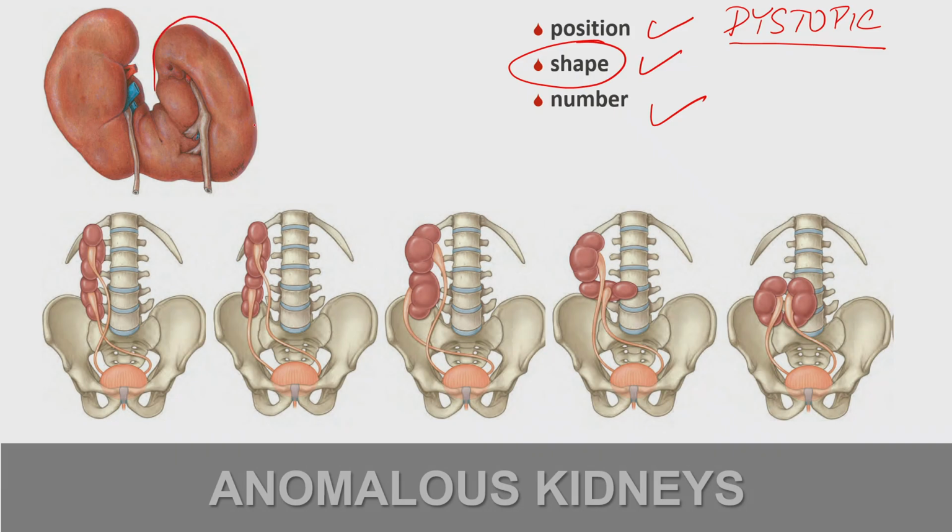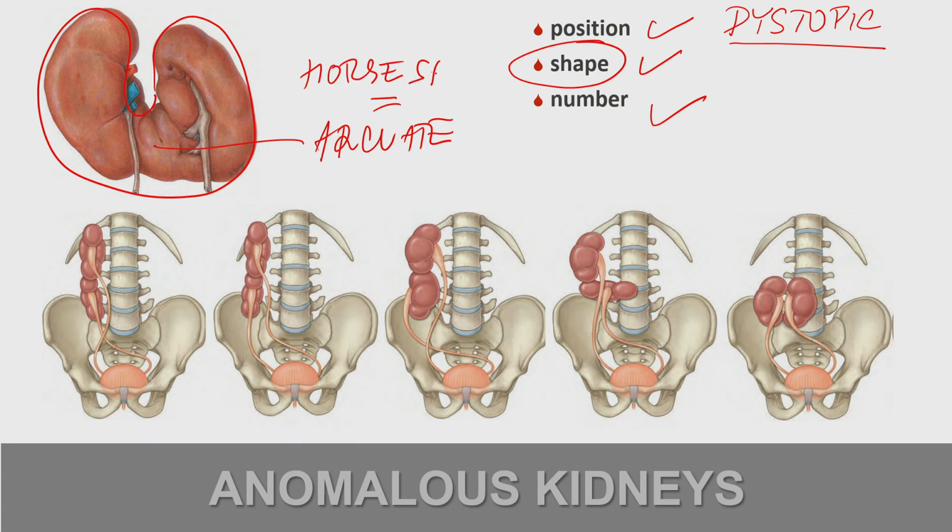And then we have the most popular and common, which is called arcuate kidney. But English more frequently uses horseshoe kidney, when the lower poles are fused.